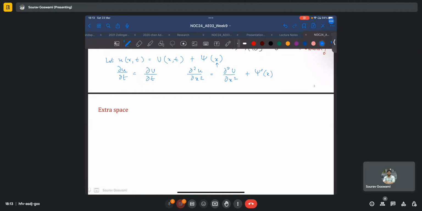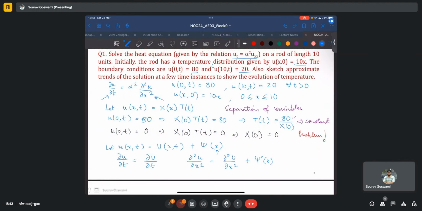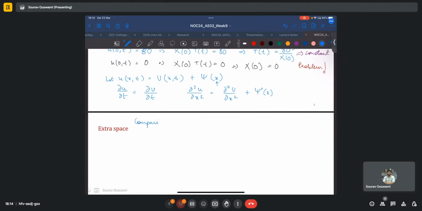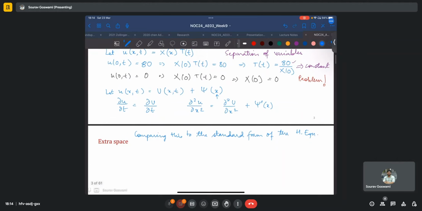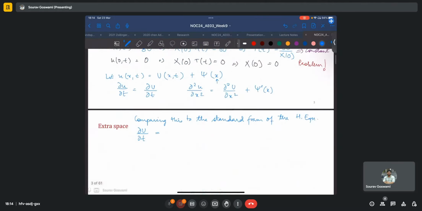So far so good. If we compare it to the standard form of the heat equation given here, ∂U/∂t = α² ∂²U/∂x² + φ''(x).